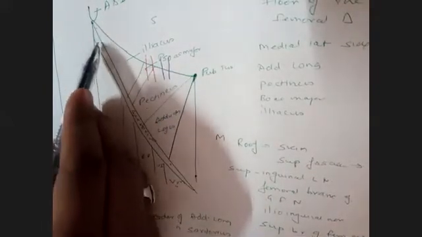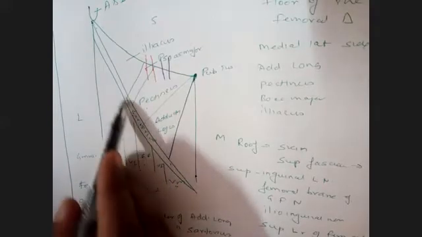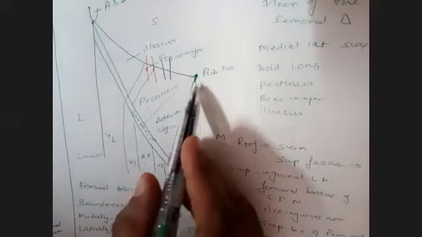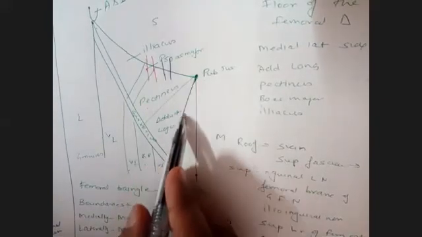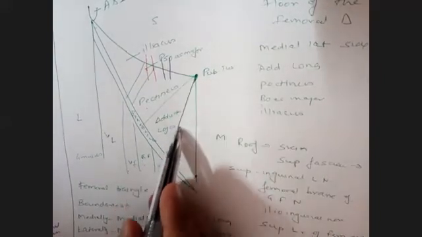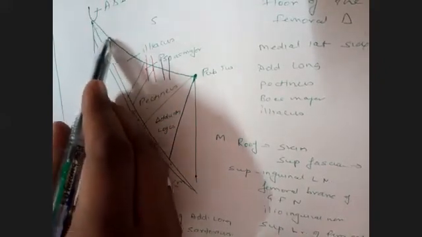The lateral boundary is formed by the medial border of sartorius. And the medial boundary is formed by the medial border of adductor longus. So the medial border of adductor longus, the medial border of sartorius, and the inguinal ligament together form a triangle.